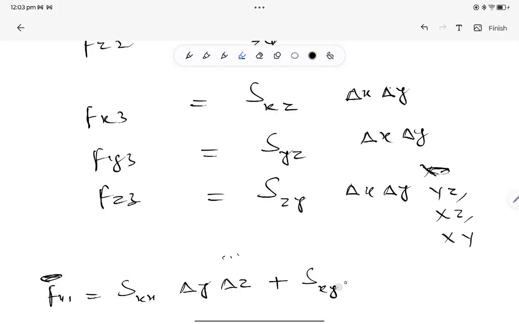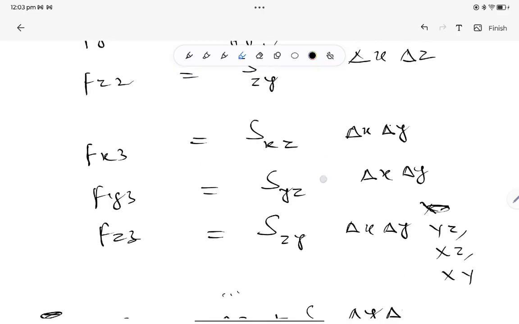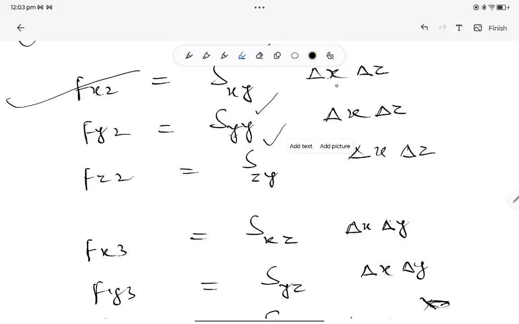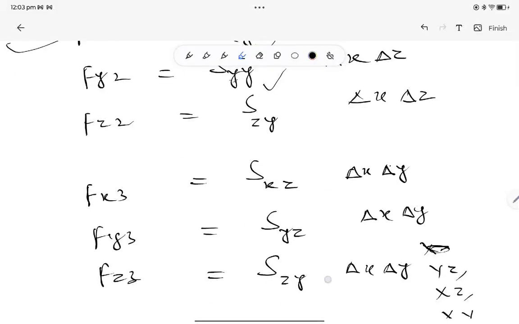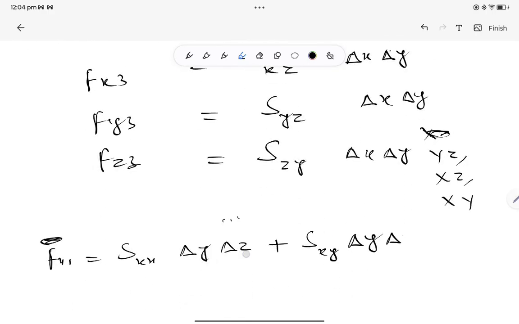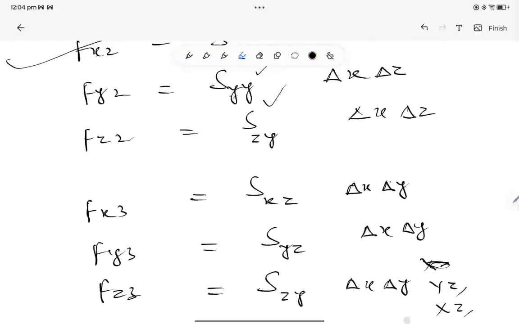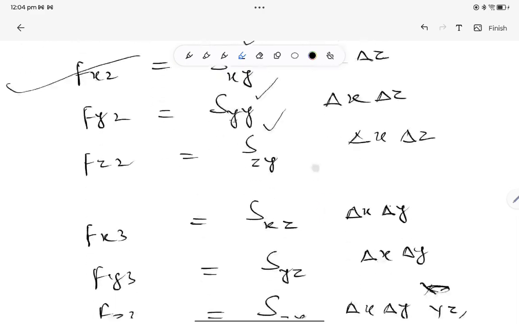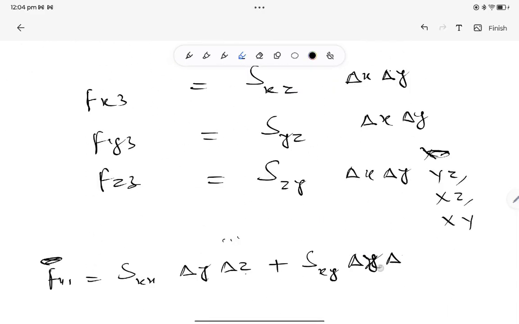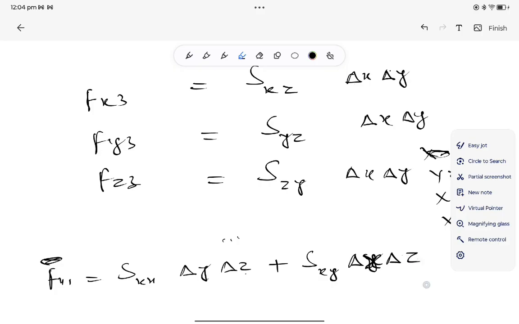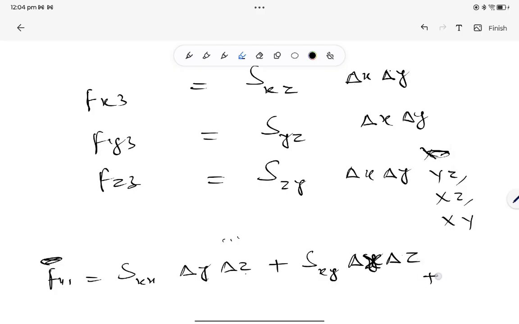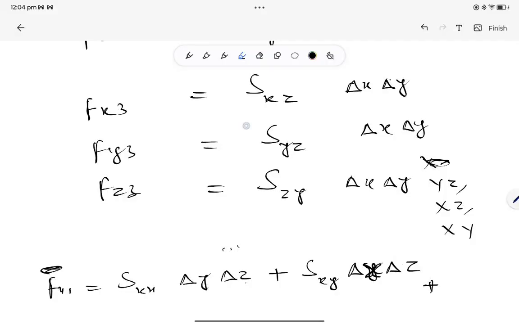First is delta y, delta z. Now the second is delta x, delta z. Then you have the third, Fx3, Sxz, delta x, delta y.